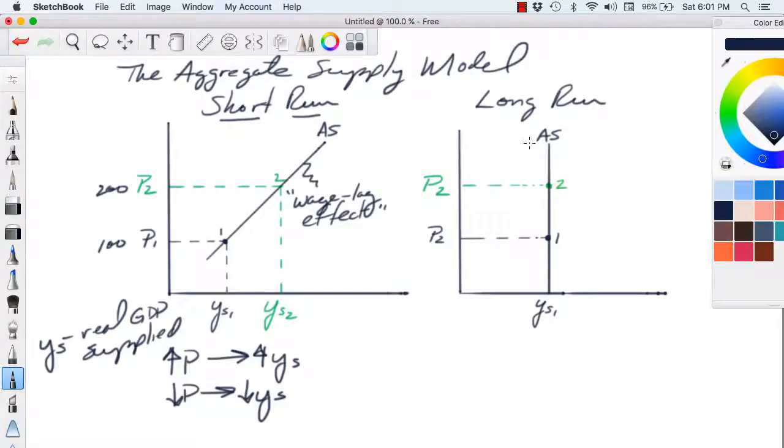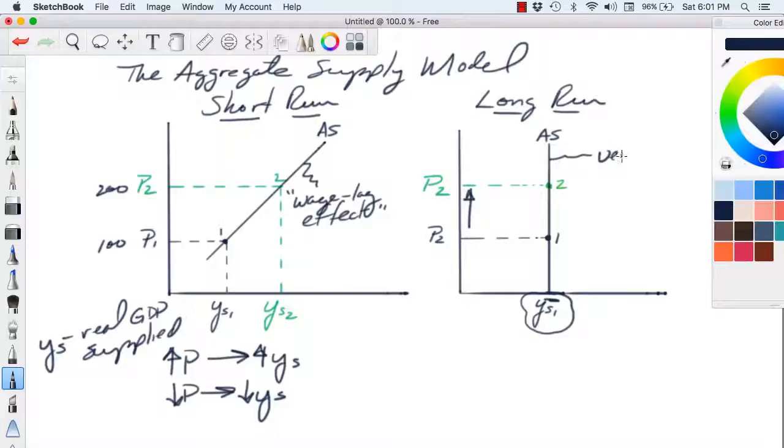When you come over to the right side, you see that we have a vertical aggregate supply curve, and that's what we normally draw for long-run modeling. This curve is basically saying that higher prices have no impact on output. Now, we're not saying that output never changes in the long run. Yes, output does change, but what we're saying is prices have no impact on output in the long run.